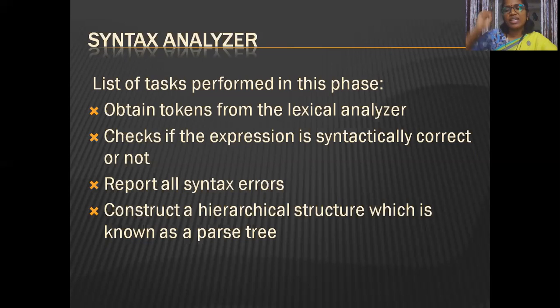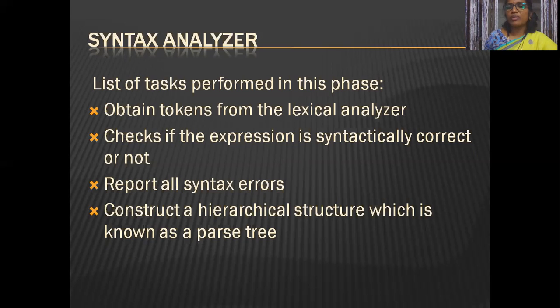So it is the syntax. If you don't write a semicolon at the end, it will not compile because there is a problem at the second phase. What is the second phase? Syntax analyzer.